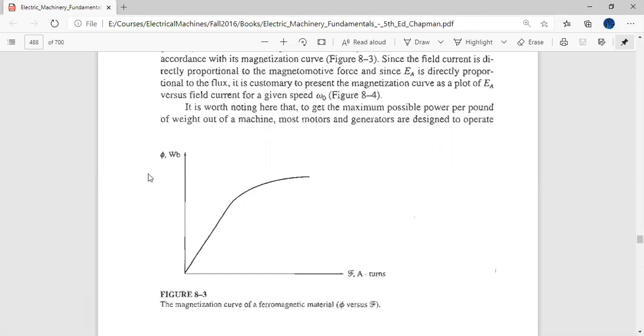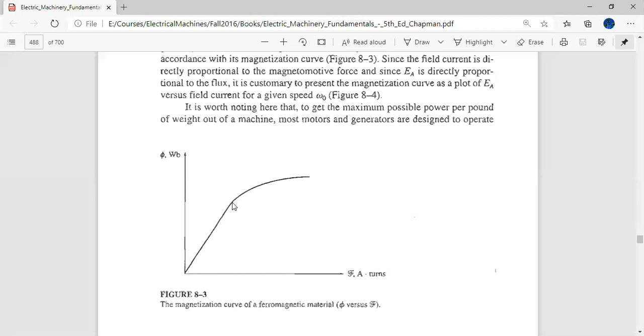The constant of proportionality is the resistance, related to the gradient of the graph, and over here the gradient of the graph is related to the reluctance, or rather the inverse of the reluctance, because we have the flux on the y-axis and the MMF, magnetomotive force, on the x-axis. So the gradient of this line in this linear portion is equal to the inverse of the reluctance, just like Ohm's law.